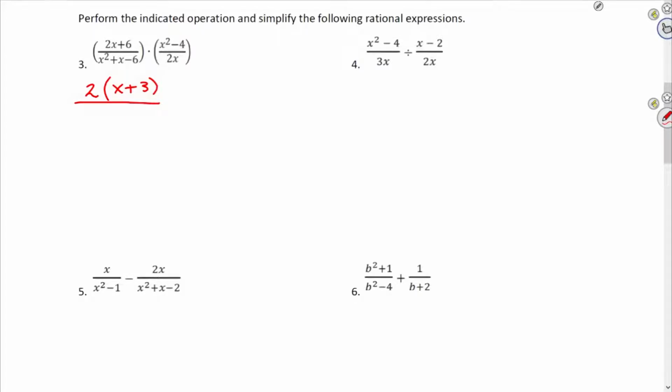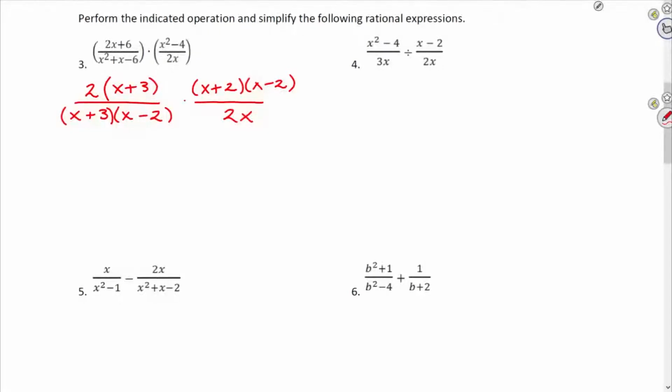That's the simple ABC method. So two numbers that multiply to be -6 and add to be +1 are +3 and -2. Over here, this x squared minus 4, I have the difference of squares. So I get x plus 2, x minus 2, and then I have just 2x.